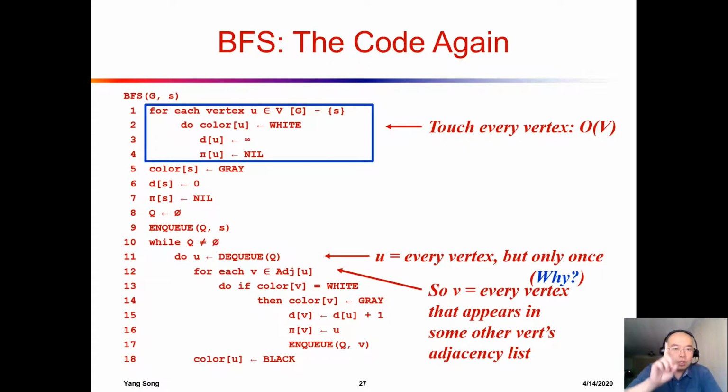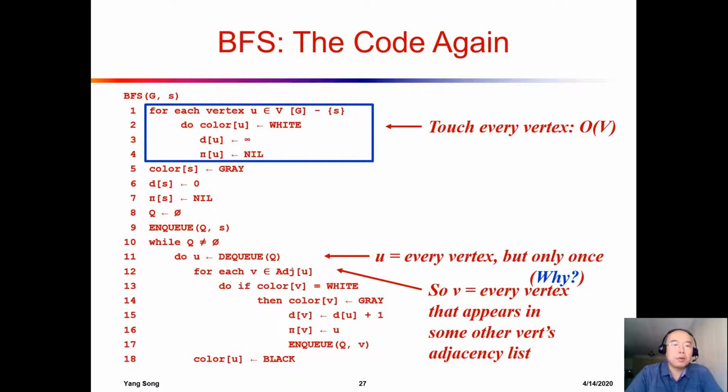If you go back and remember when we were discussing the memory requirement of the adjacency list, that is Θ(V+E), right? So the total size of the adjacency lists will be the total number of the edges, or 2 times the total number of the edges, depending on if we are doing a directed graph or undirected graph.